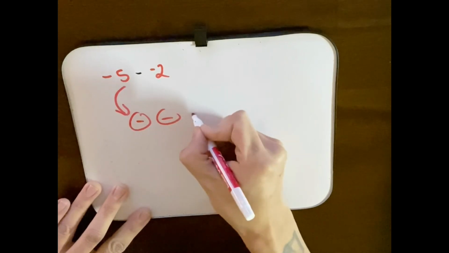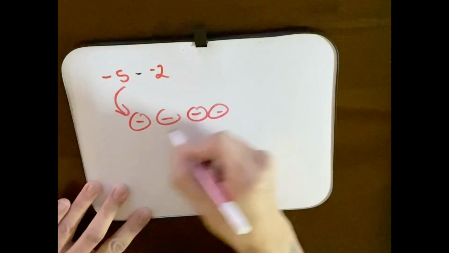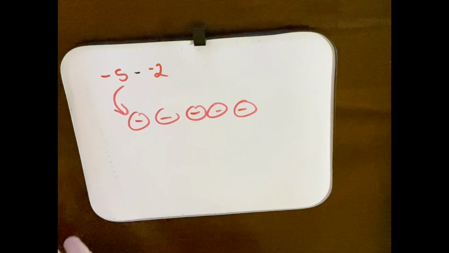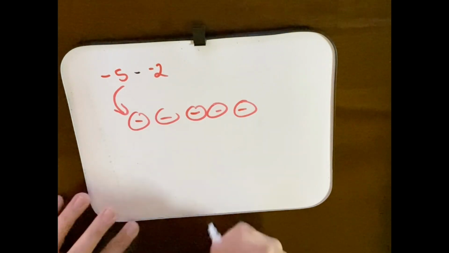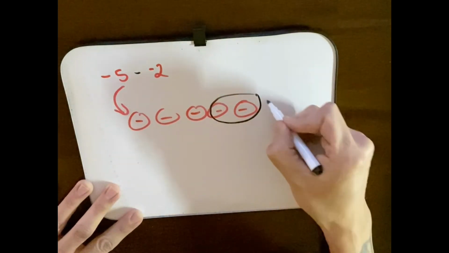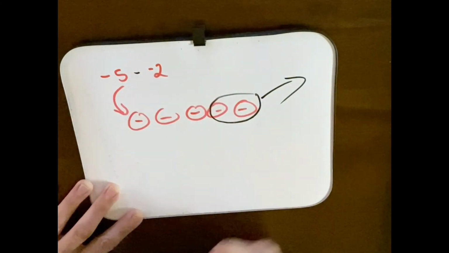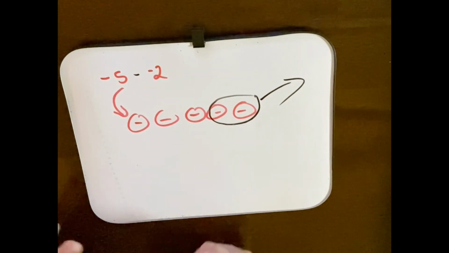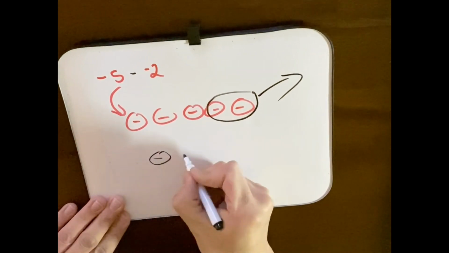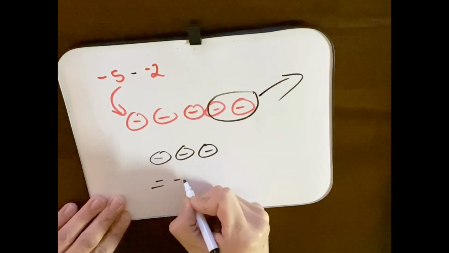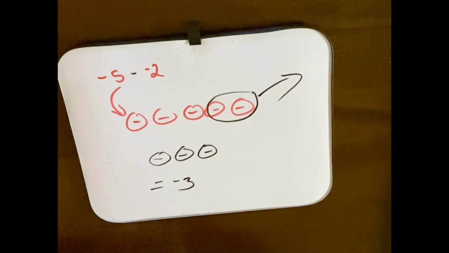The first number tells us where to start, and the second number tells us how much we need to take away to subtract. So we have these, and we get them out of here. What are we left with? 1, 2, 3. 3 negatives. So our answer here would be -3.